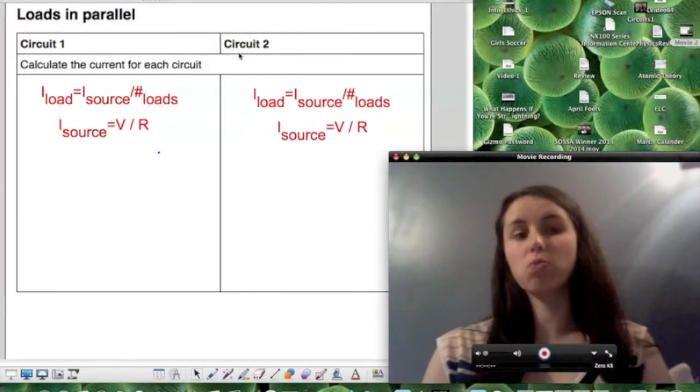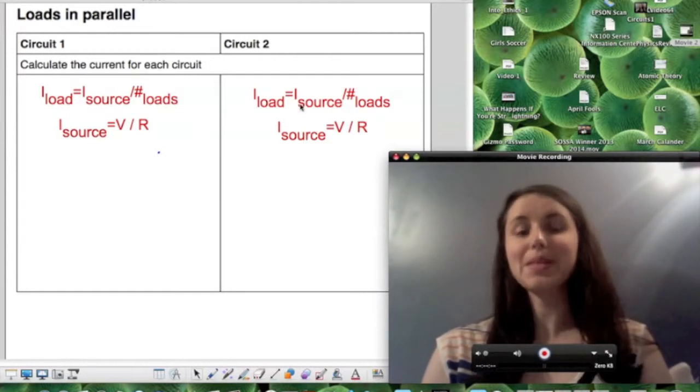So we have this wonderful equation here. Remember, I is current. The current at each load should be equal to the current from your source divided by the number of loads, right? So in circuit 1, how many loads do I have? I have 1, right? So the current at each load should just be equal to the current from the source.